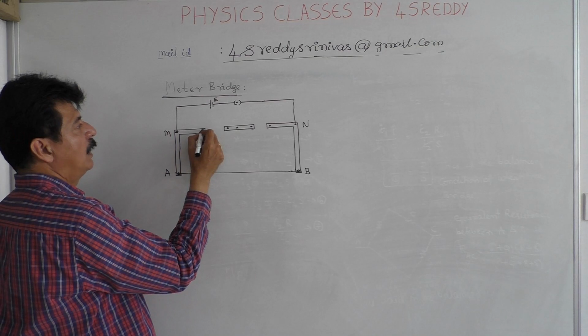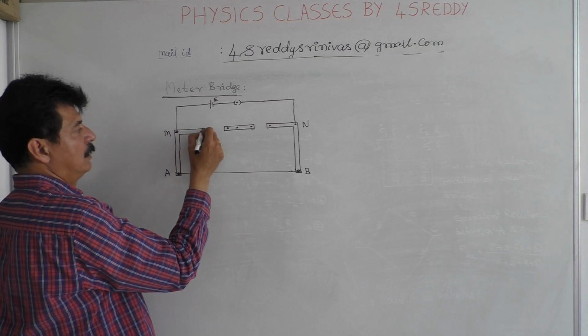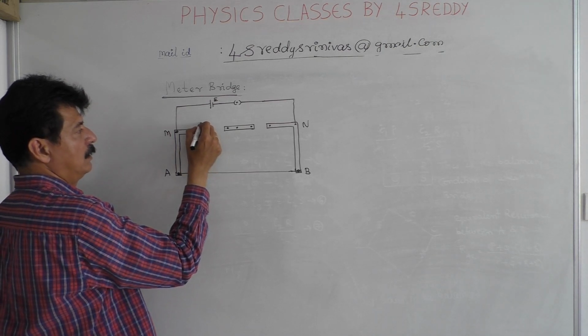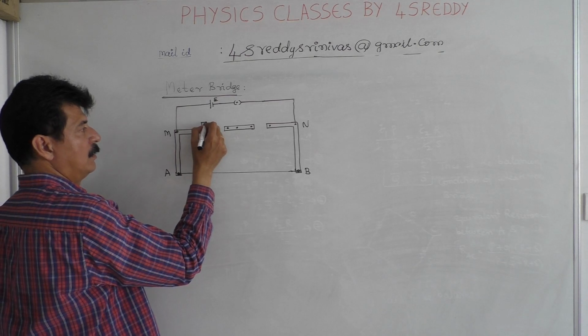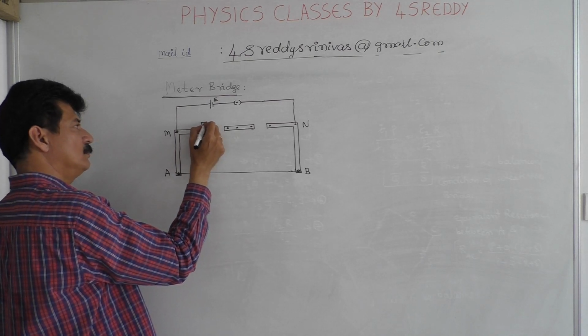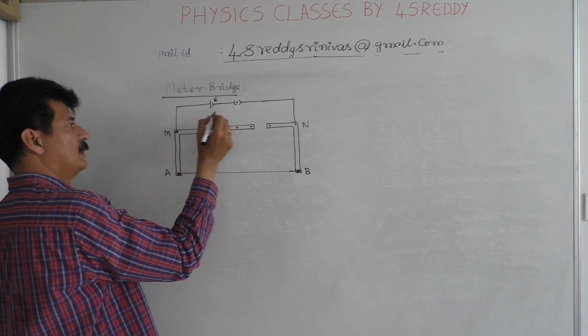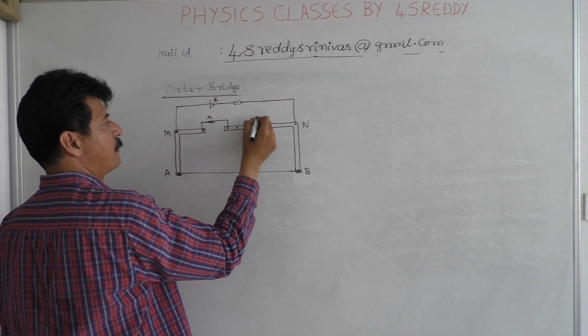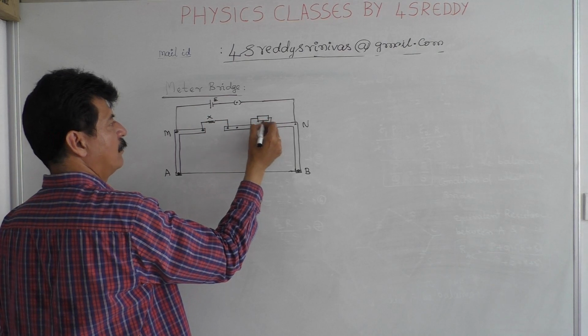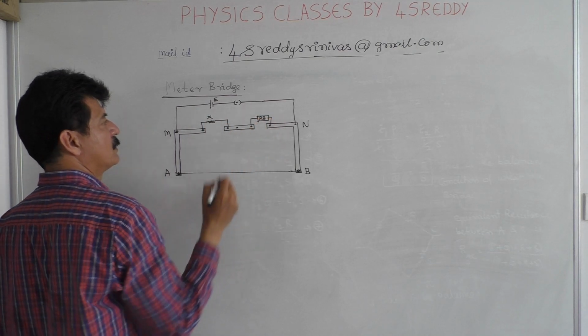And now a wire of unknown resistance is connected in this. First I will give the diagram. Resistance box.